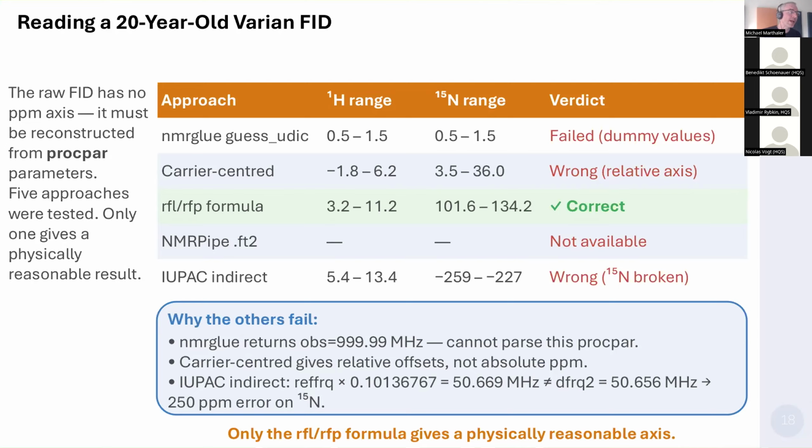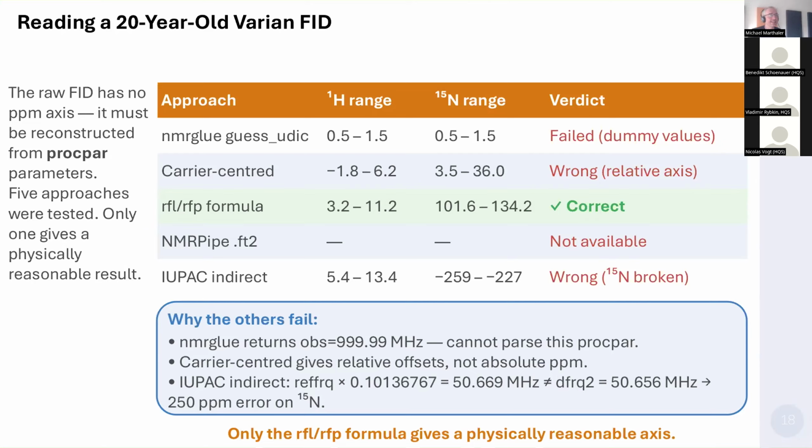Now, a very well-known tool, NMRglue, does not work at all on this. In principle, it is supposed to work on Varian data, but it didn't here. The original work was supposed to contain a file called NMRPipe, but it has been reshuffled several times and the people who took it are retired. So now this was also not available.